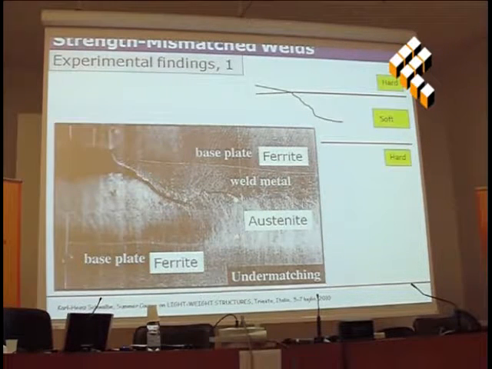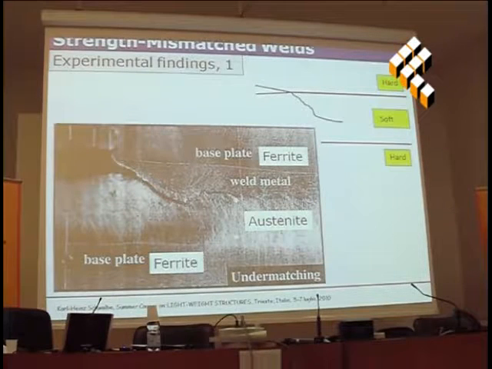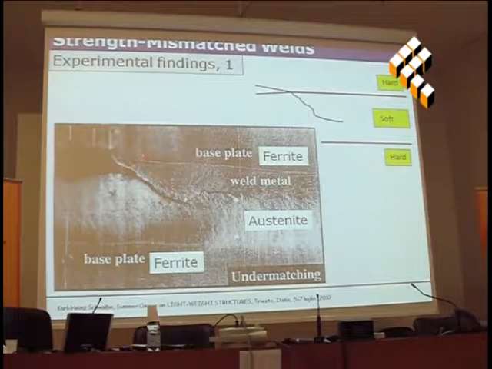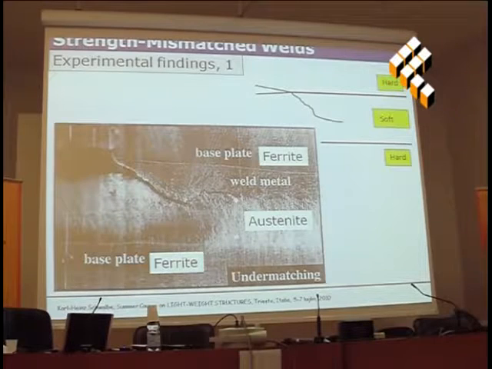But the crack deviated into the soft, high toughness austenite, which has much higher toughness than the heat affected zone. And so this was a bit disturbing, and we didn't understand it.